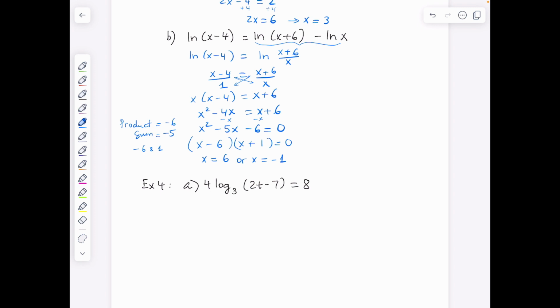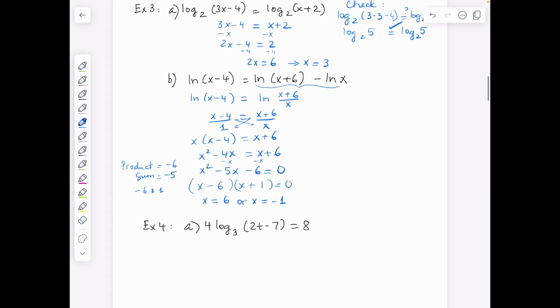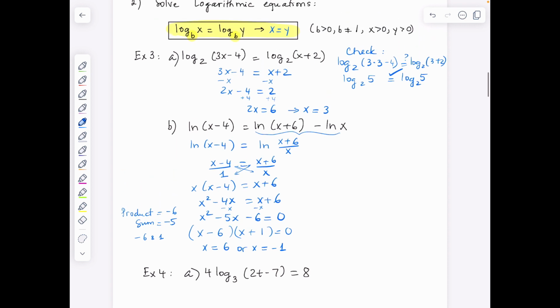Now, this is why checking your answer is super important. When you plug it in, one of the logs is not going to work. Simply because if you look at the condition for logs, the input for a log, so x and y here, always has to be positive.